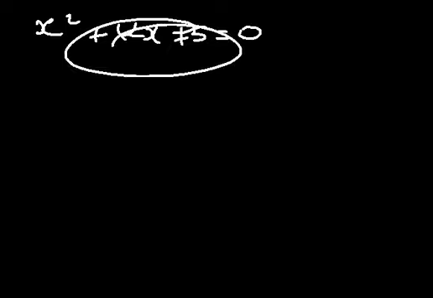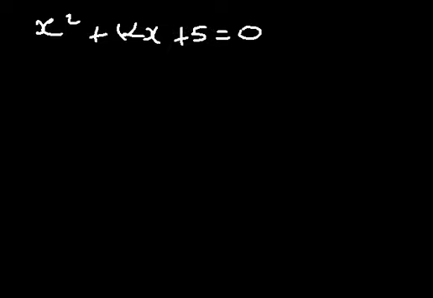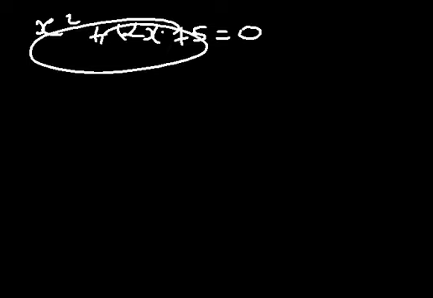Assuming this equation has exactly one real root, which means it has two equal roots, find the value of k that satisfies that. If that's the case, the discriminant is given as 0. That's the essence, from the fact that the equation is said to have one real solution.